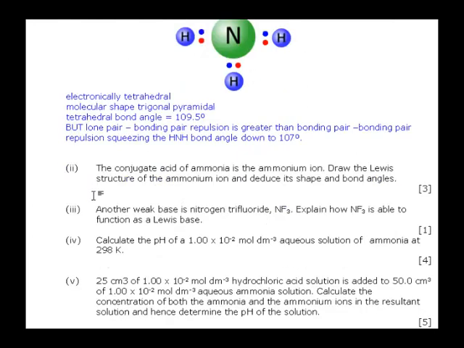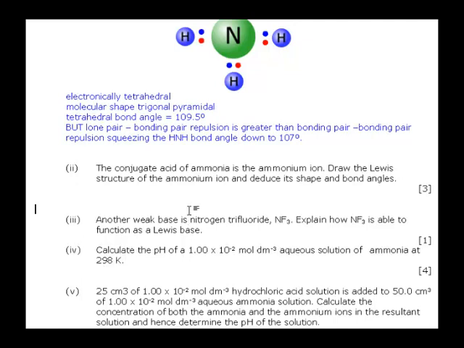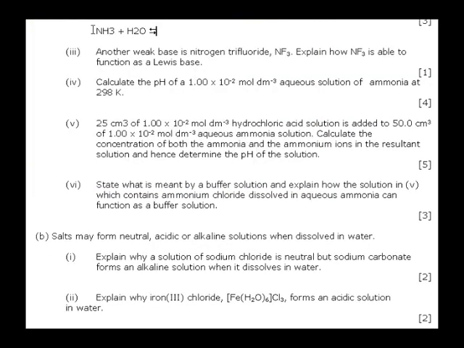Well, we're told the conjugate acid of ammonia. Remember, the conjugate acid is the acid that's obtained by addition of a hydrogen ion. It's the ammonium ion. So what we're talking about here is NH3 plus H2O, and we'll put in an equilibrium symbol here.